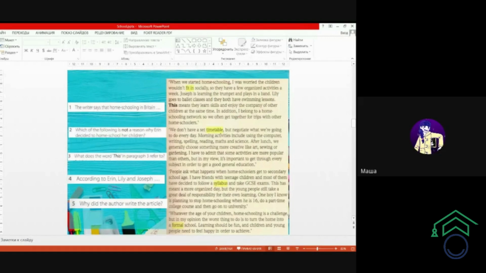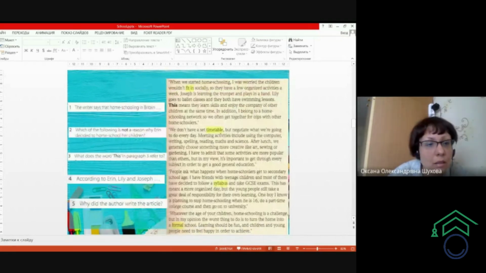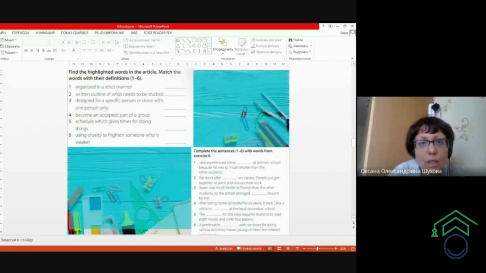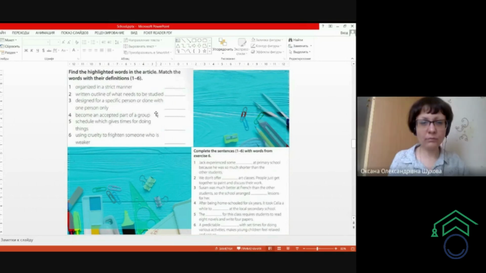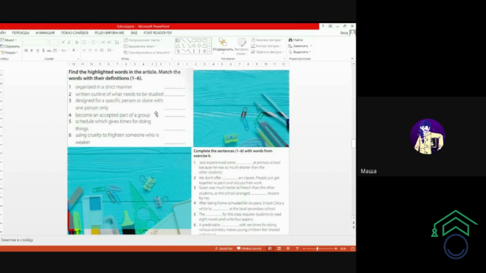Green, individual, fit in, timetable, syllable, formal. Formal, добре. Так. So the task is to find the highlighted words in the article, match the words with their definitions. Organized in a strict manner, formal. Written outline of what needs to be studied, designed for a specific person or done with one person only.